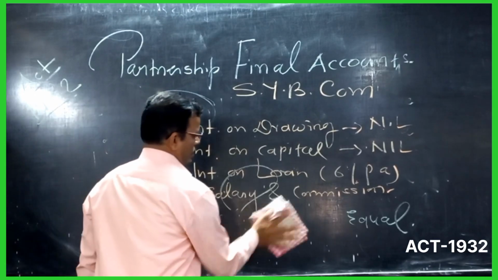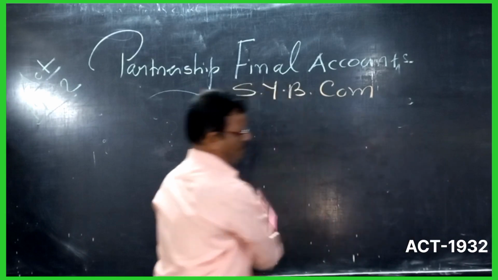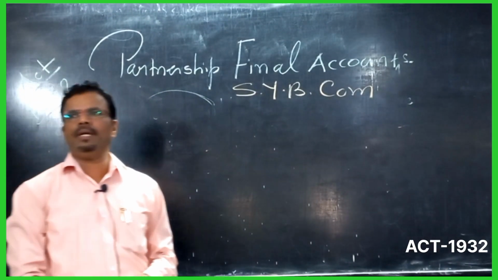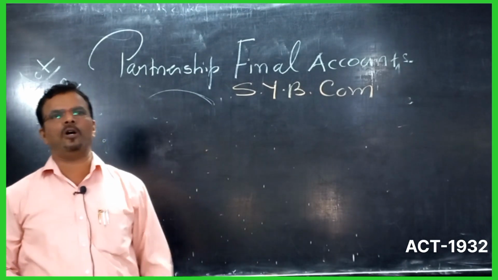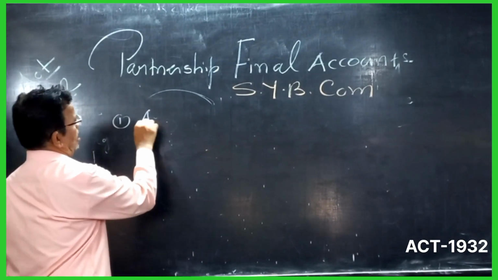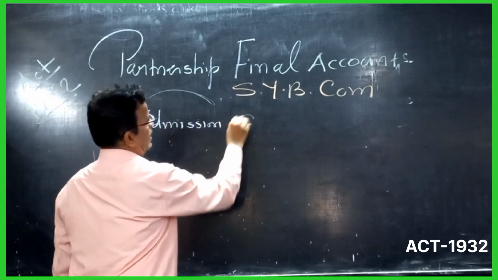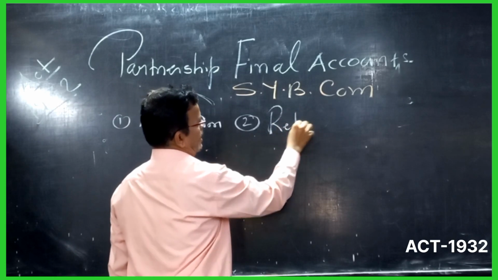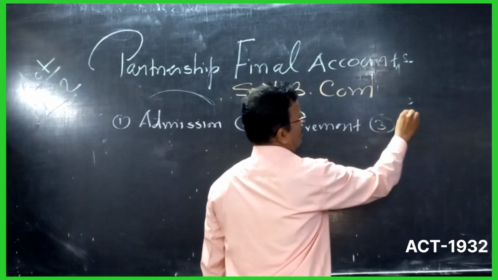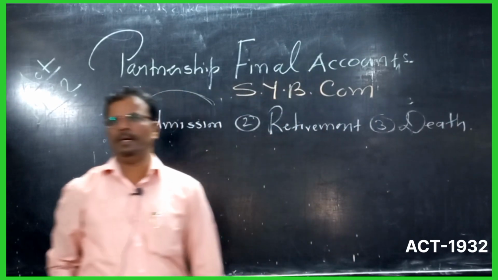Now in this case, we are going to study 3 types of final account. First is called admission. Second is called retirement. Third is called death of the partner.